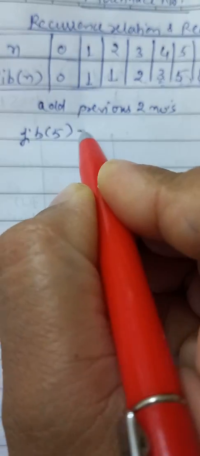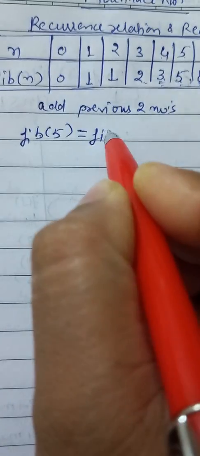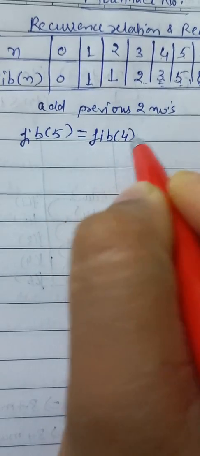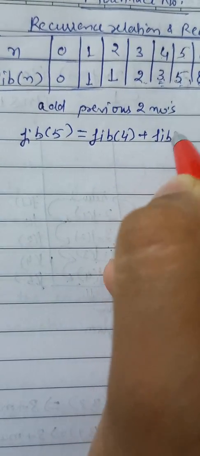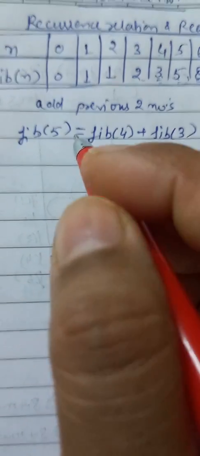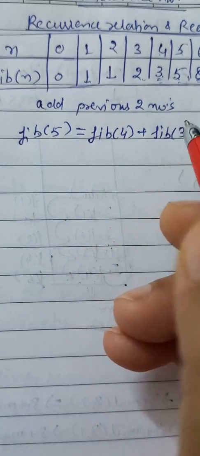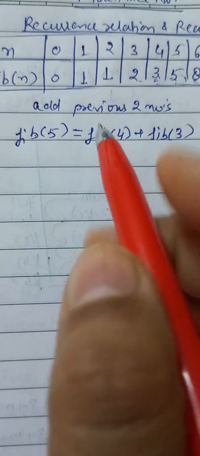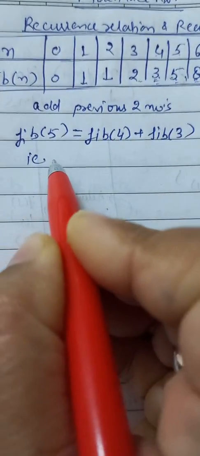So suppose if we want to write Fibonacci 5, then what will it be? Fibonacci 4 plus Fibonacci 3. And if we are not giving an initial value, then it will go into an infinite loop, so we need to give the initial values also.